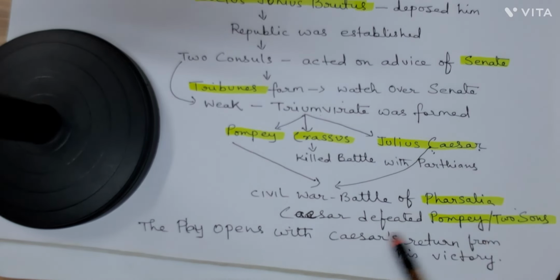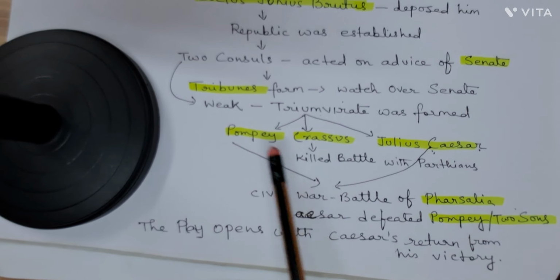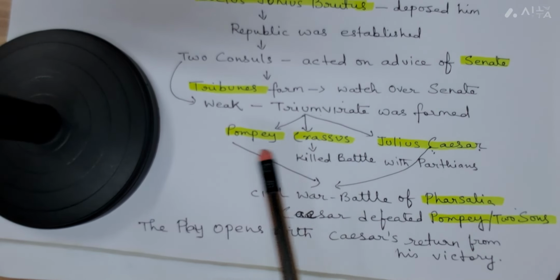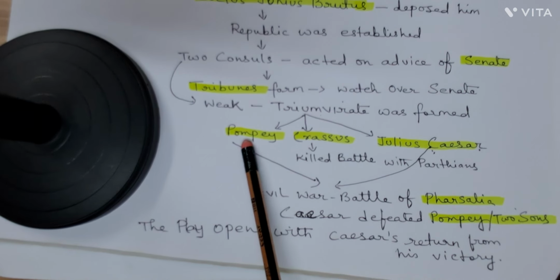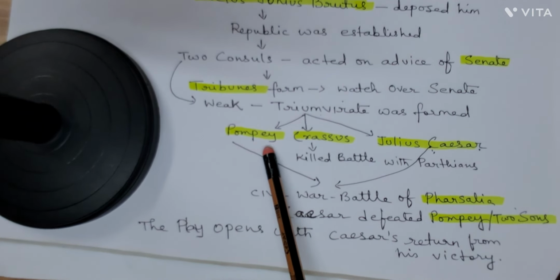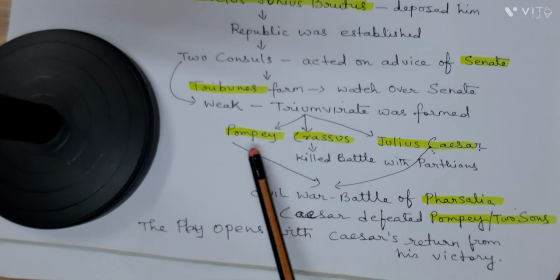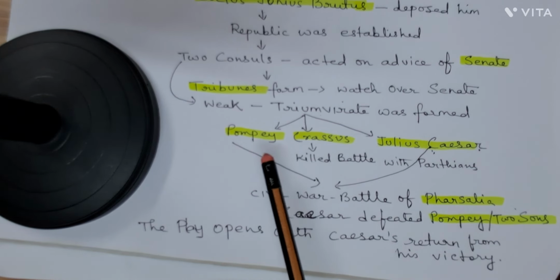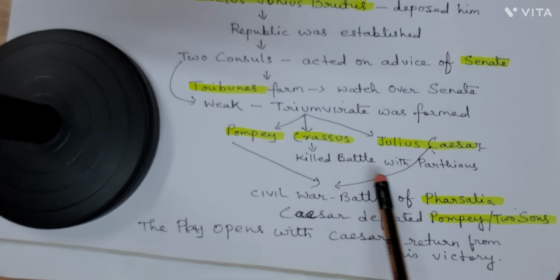I hope this picture is clear. Caesar defeated Pompey and his two sons. Now Caesar is alone. Crassus was killed, and Pompey and his sons were killed. Because his sons were also killed, they cannot take his post or designation. No one is there to take Pompey's place.